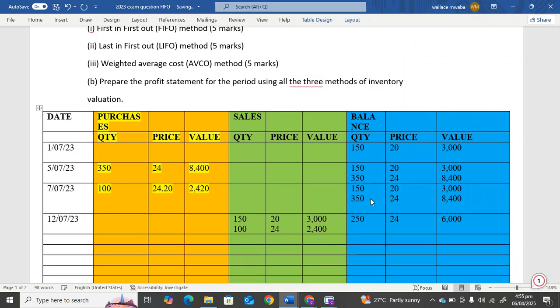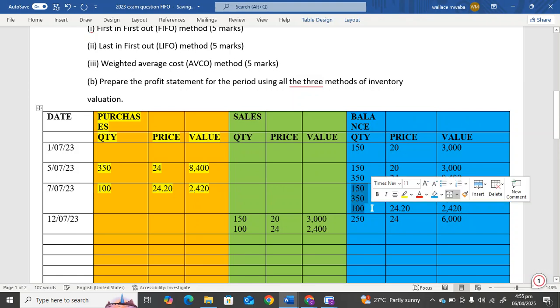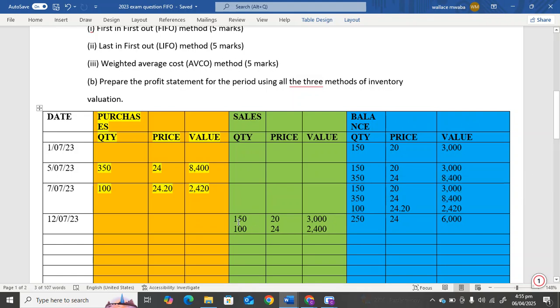We've also got 100 units brought in at 24.20. So we have a total of 600 goods in our store. Then we sold 250. The selling we still get from these 150 units, and the remainder from these 350 units.